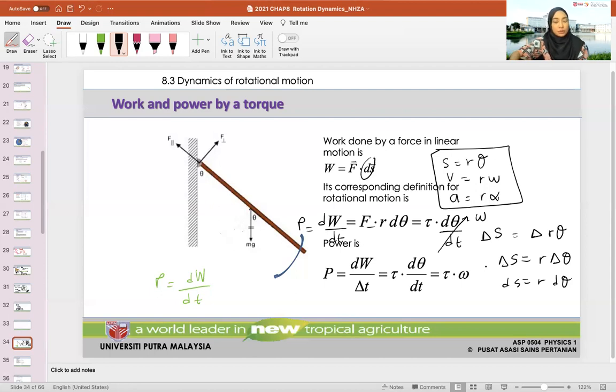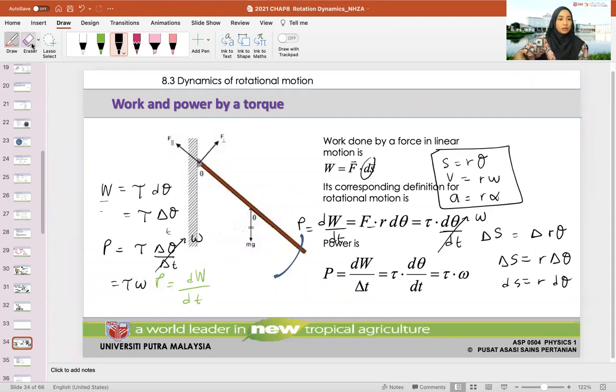So you have two new equations here. Work is equal to torque times change in theta, and power is equal to torque times change in theta over change in time, or omega.